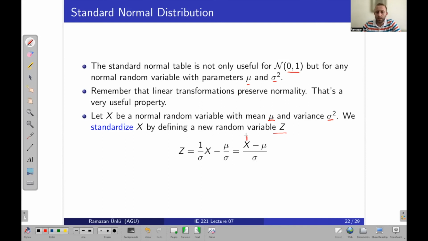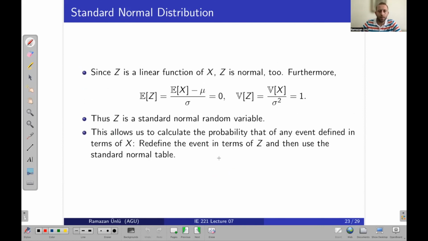This is for any normal random variable, and if we do this calculation, we will convert it into the standard form.